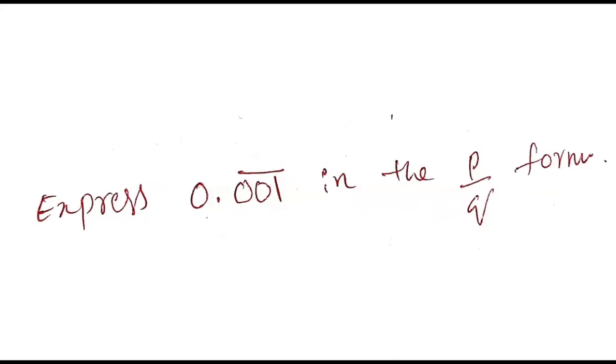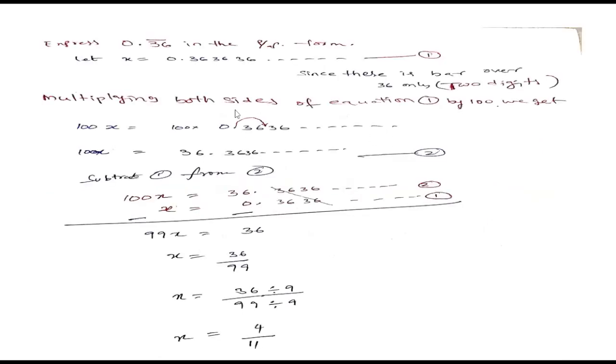Let x is equal to 0.001001 and so on. Equation 1 take it. After that, bar on 3 digits, multiplied by 1000 on both sides. Your previous sum, multiply both sides equation by 100, now 1000.